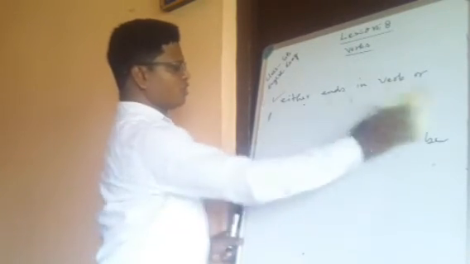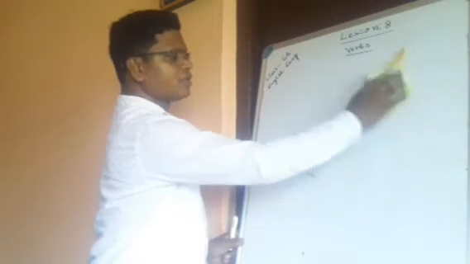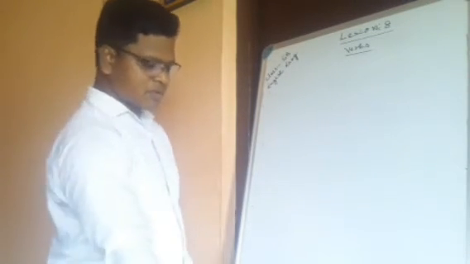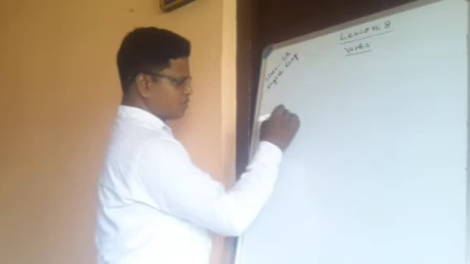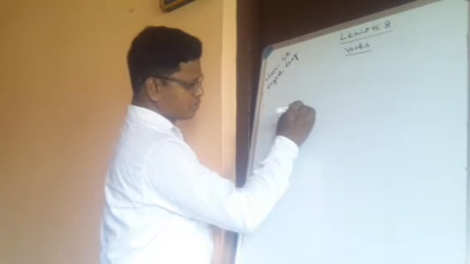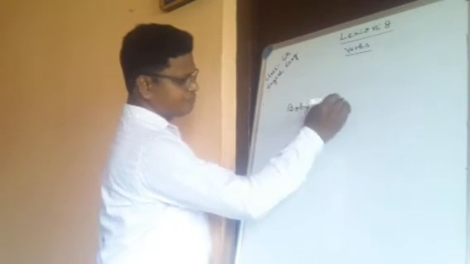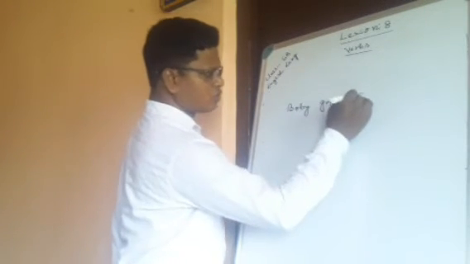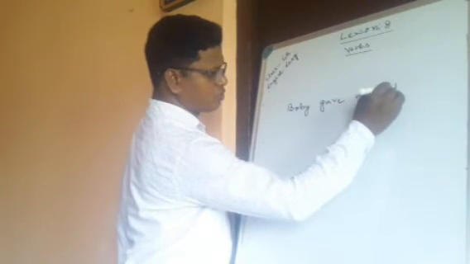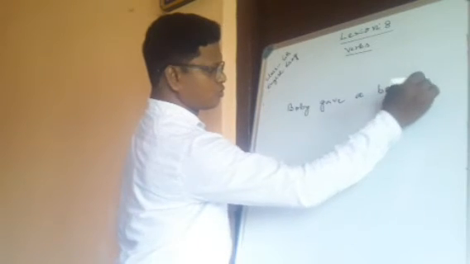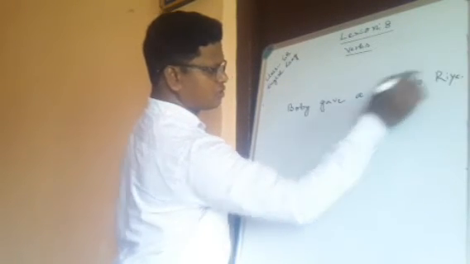Now we are going to talk about how to identify the direct and indirect object. I'll be writing the two examples, okay, which are given at page number 52. You can see there: Bobby gave a book to Ria.